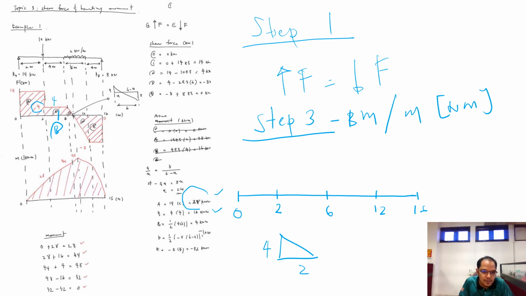This one is x. So I got 1/2 multiplied by 4 and multiplied by 2. So cancel out, so we got 4 here.